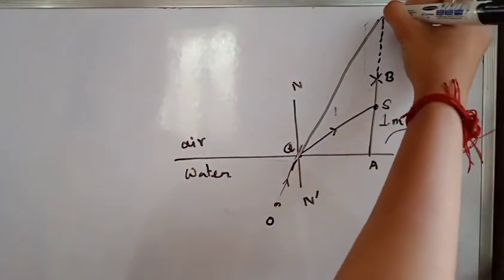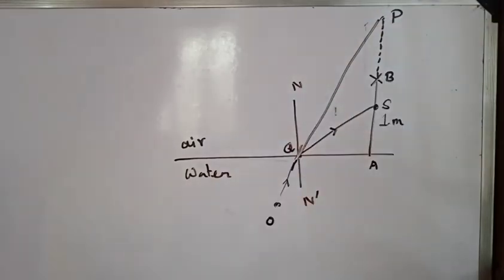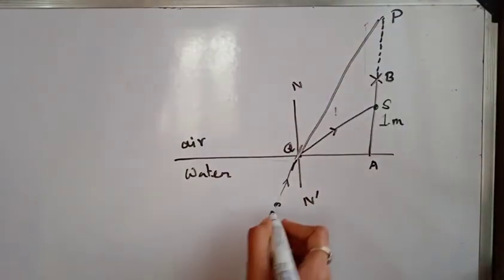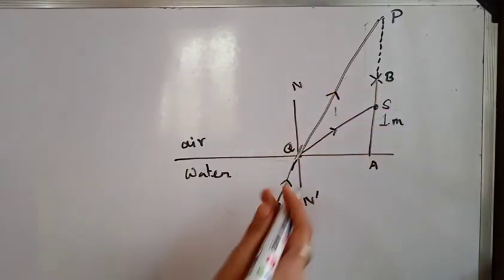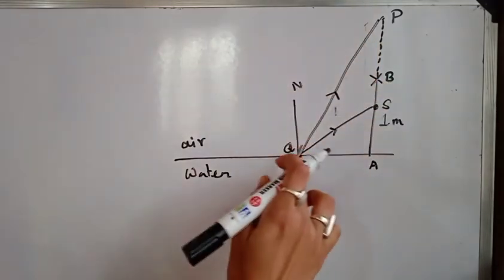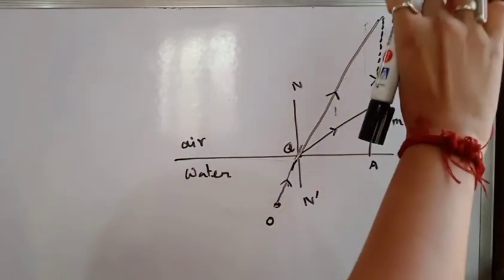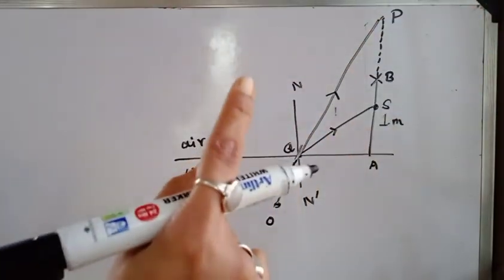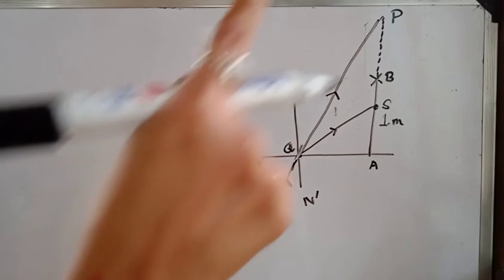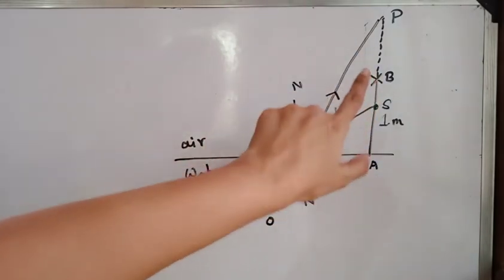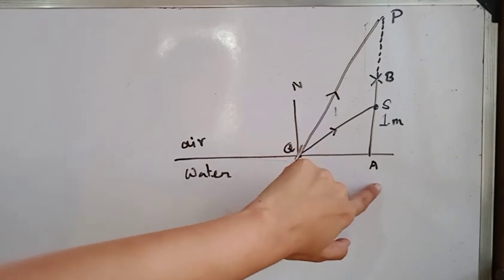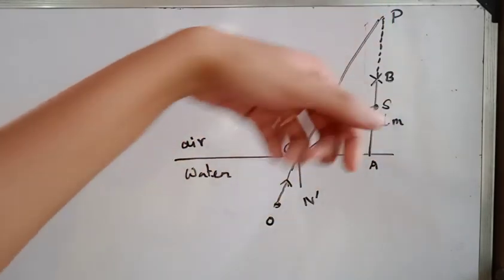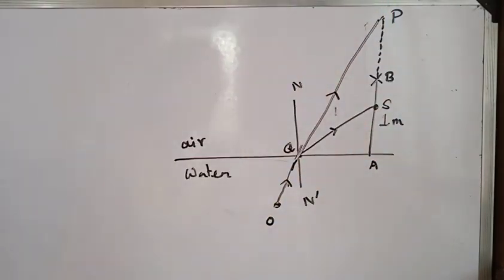It will meet at a point P. As we can see, the fish cannot follow the bended path, so we are joining the straight line Q with P. The ray of light will meet at the point P and the fish will follow this path. The actual height of the tree was AB. Now the apparent height is AP. So the tree will appear to be taller than its actual height.